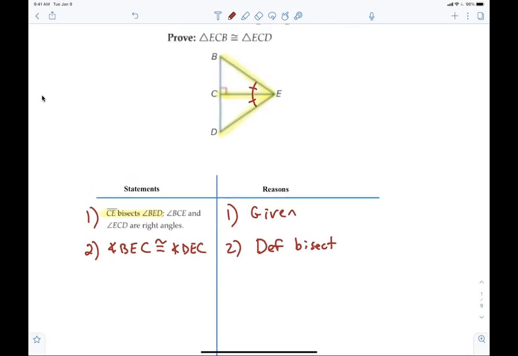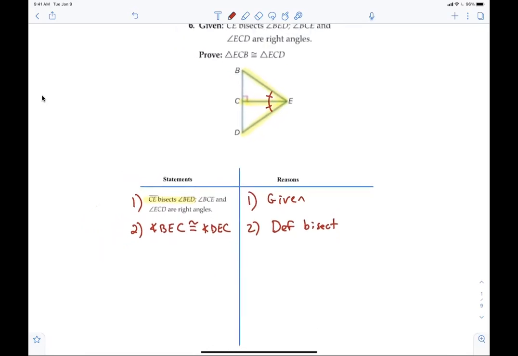Now, someone did say something that was true, but it was not the question that I was asking about. All right, who mentioned something about CE? What is that? Yes, CE is definitely congruent to CE. So step 3, CE is congruent to CE.